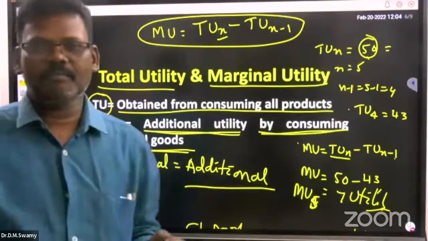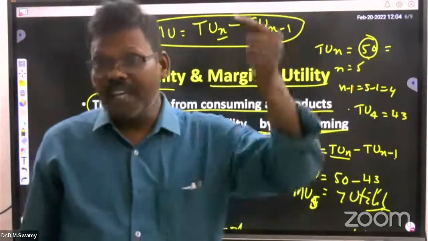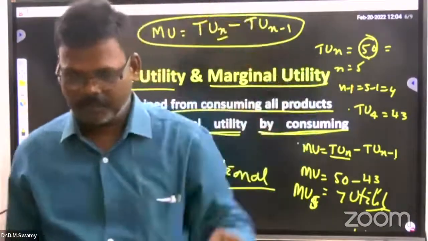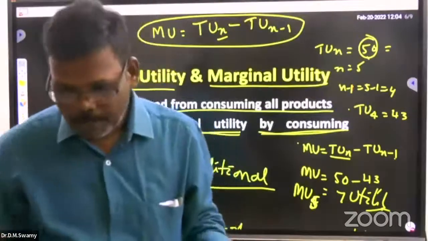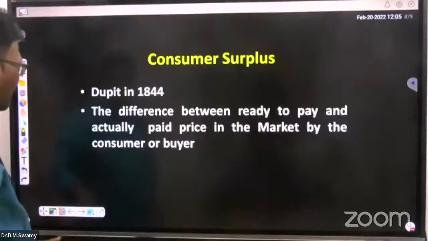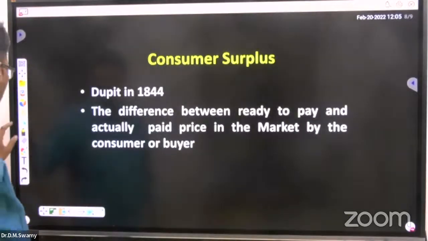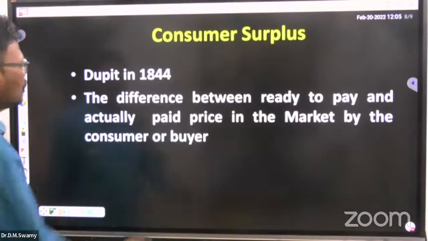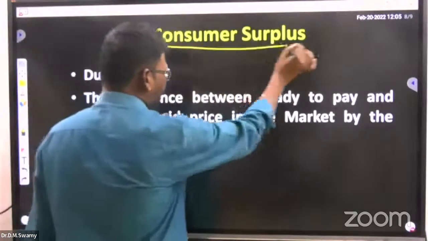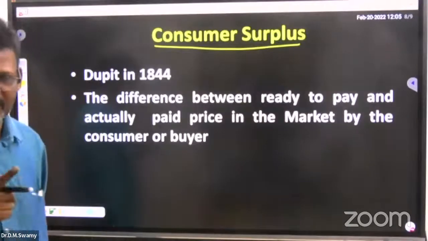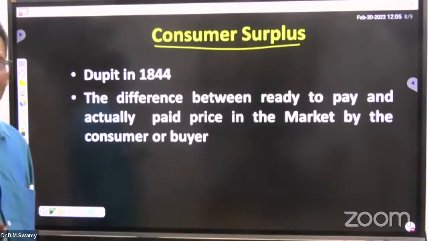Here, the law of equimarginal utility is one more thing, but that is not in our syllabus. In microeconomics, in consumer behavior, one more concept is known as consumer surplus. What is consumer surplus? It is important from the examination point of view.